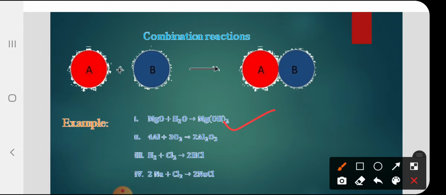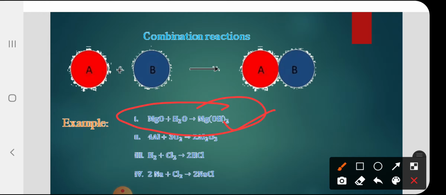Fourth: aluminium reacts with oxygen and gives Al2O3. Next, hydrogen and chlorine react with each other and form hydrochloric acid. Next, sodium and chlorine react and form sodium chloride.